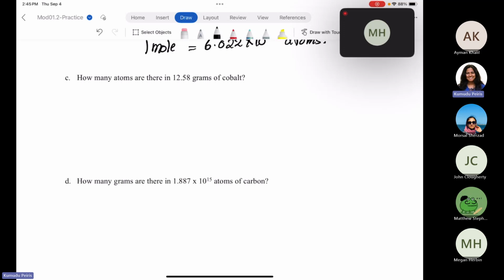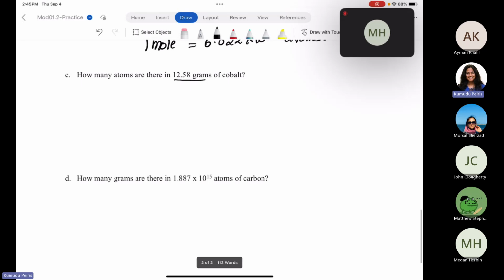Now, the next question. How many atoms are there in 12.58 grams of cobalt? Now we are changing grams to atoms. So what is the factor in between? We must use the Avogadro number, 6.022 times 10 to the 23rd. So we'll start with the grams that was given.